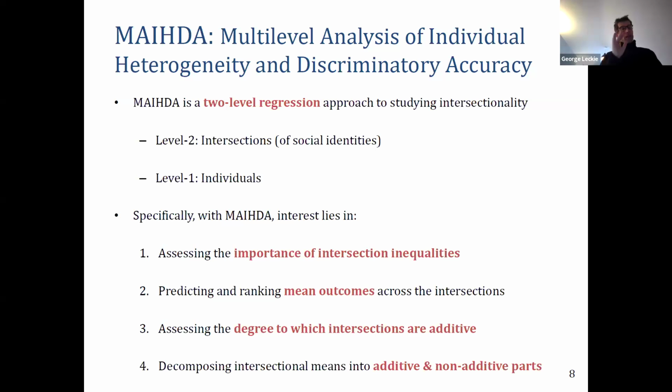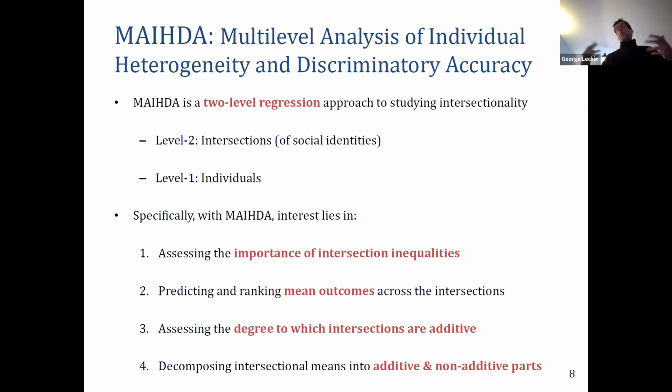Now, what people are trying to get out of this MAIHDA analysis are 4 things. They're trying to, first of all, quantify the overall importance of intersectional inequalities. To what extent are individual outcomes patterned by these inequalities across whatever the 8 intersections? Secondly, can we predict what the mean outcome is in each and every intersection?